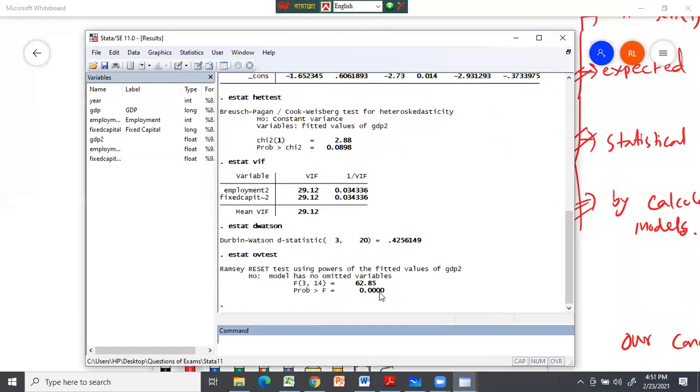That means it is less than 0.05, our level of significance. So we can reject the null hypothesis. If we reject the null hypothesis, what conclusion can we draw here? The model is misspecified, or the model is correctly specified. Or we can say the model does not suffer from specification bias, or the model suffers from specification bias.